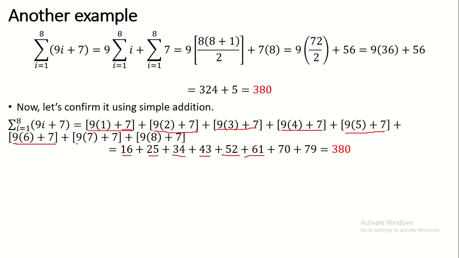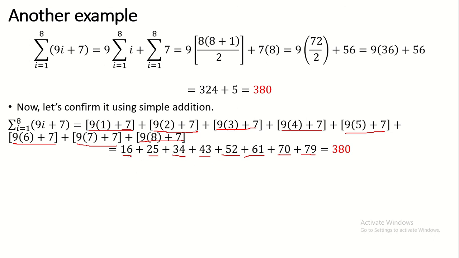And then 9 times 7 is 63 plus 7 is 70. And then 9 times 8 is 72 plus 7 is 79.